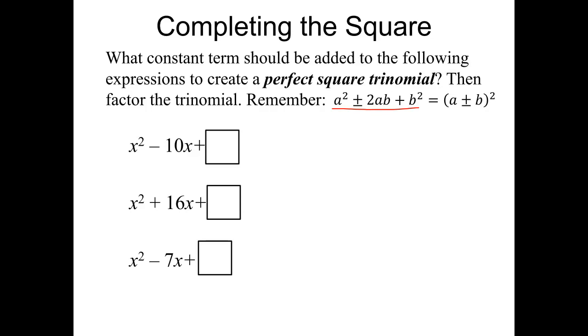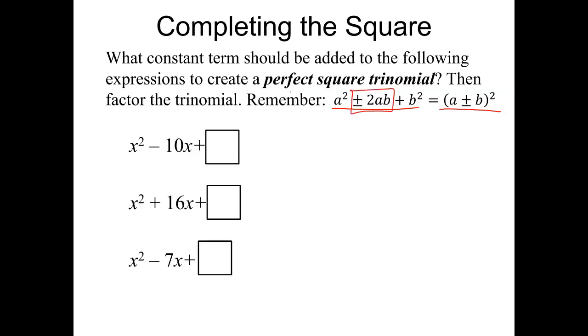Whenever we have a perfect square trinomial, it always factors to be that same binomial square. So our goal is to force a situation where we can take a quadratic and factor it to be a binomial square. That allows us to do the square root property like we did on the last slide. Okay? So pay attention to this part right here. All right?